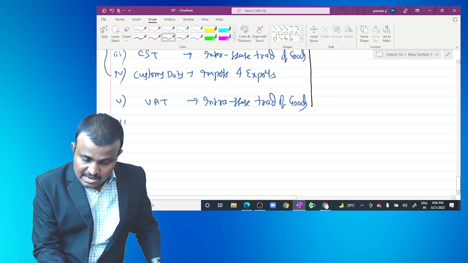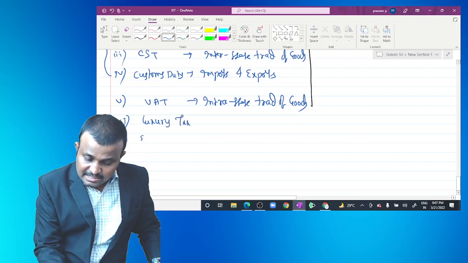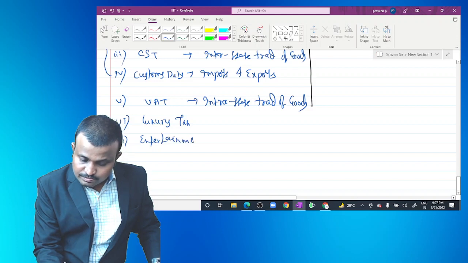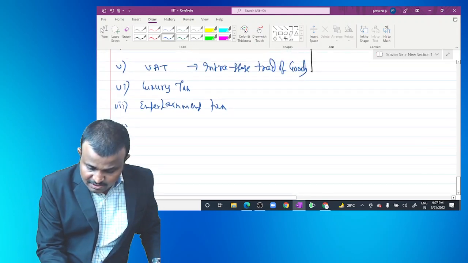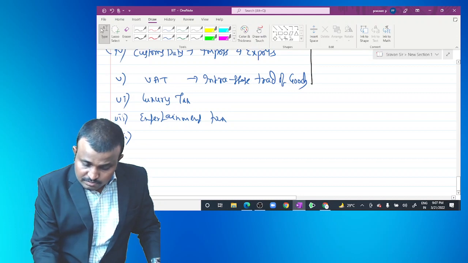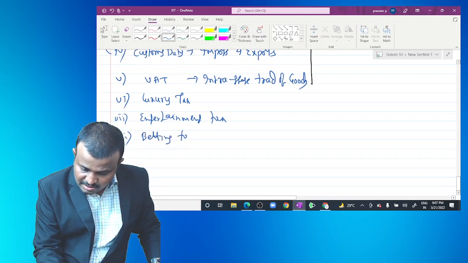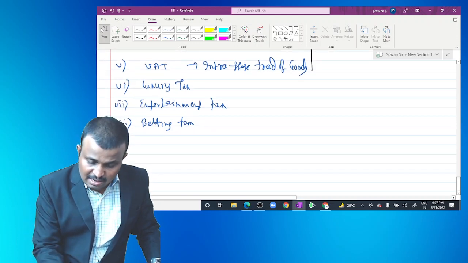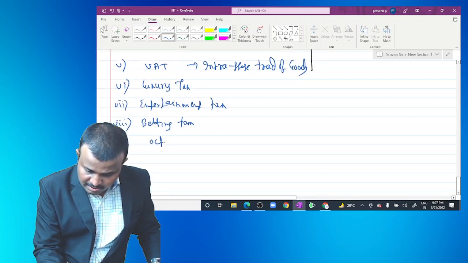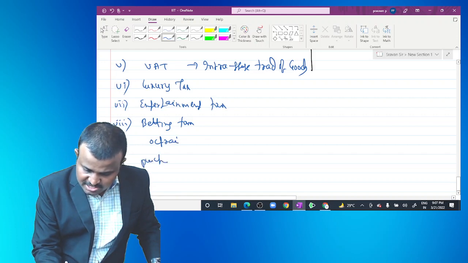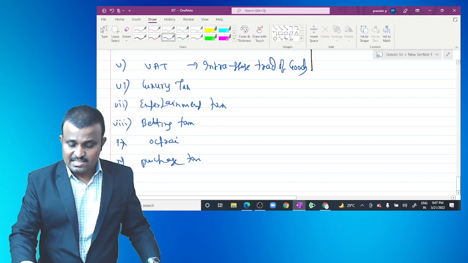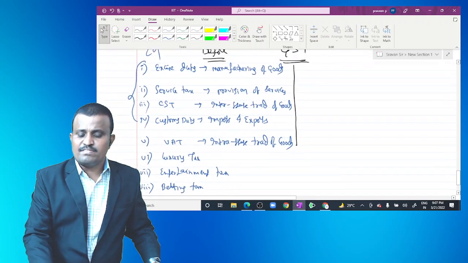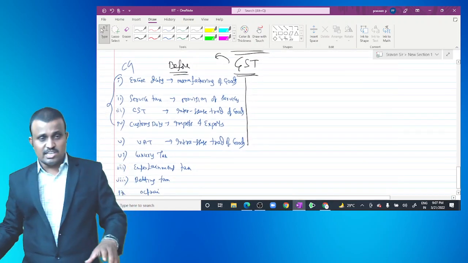And another one is luxury tax, entertainment tax, betting tax, and another one is octroi, purchase tax, entry and exit tax, etc. In this way, a number of taxes were levied by the government previously.